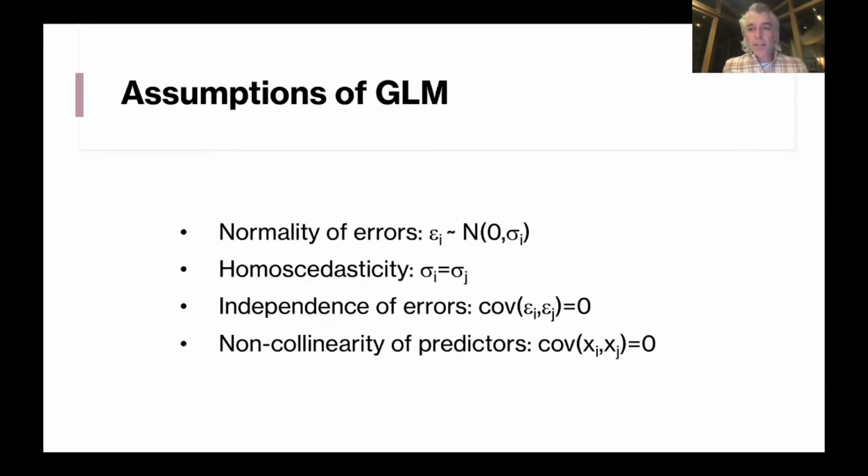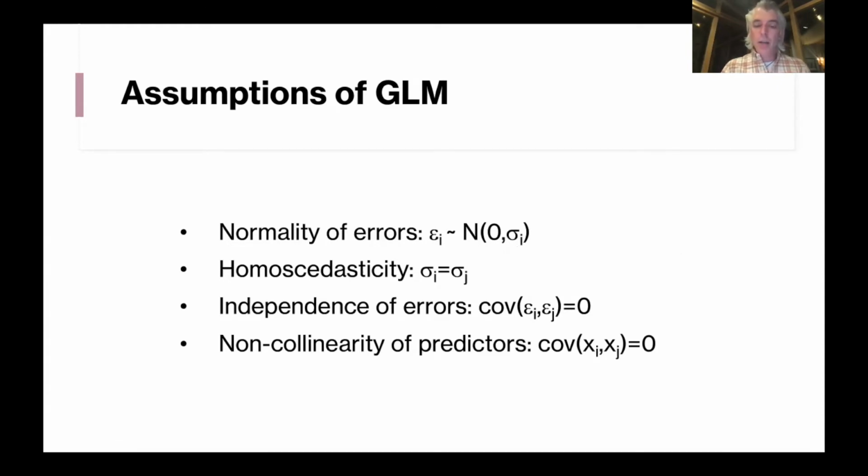The other set of assumptions associated with a general linear model refer to the residual end of the model. The first assumption is that the residuals are normally distributed with a mean of 0 and a standard deviation that is consistent, represented by sigma i.